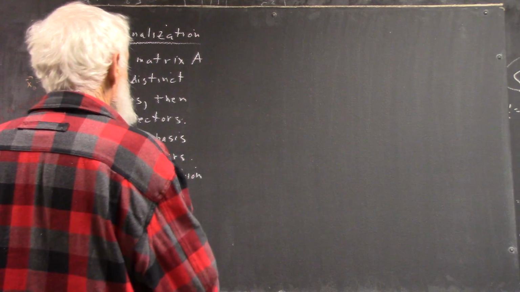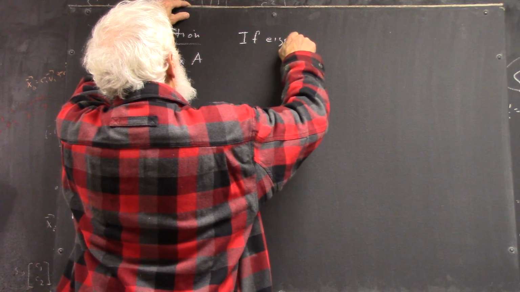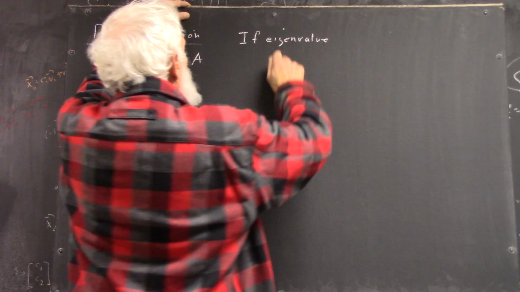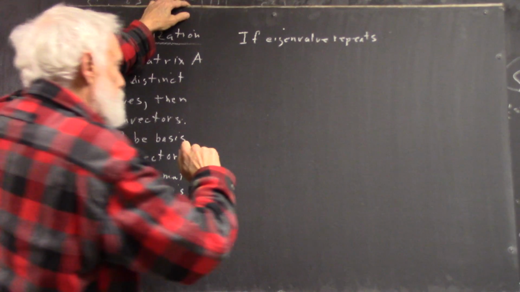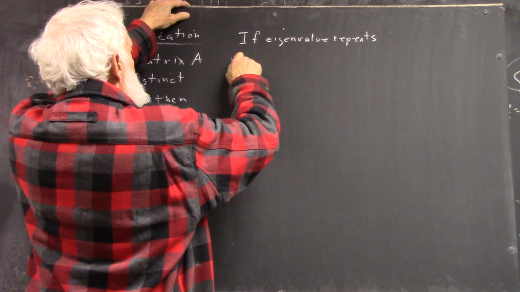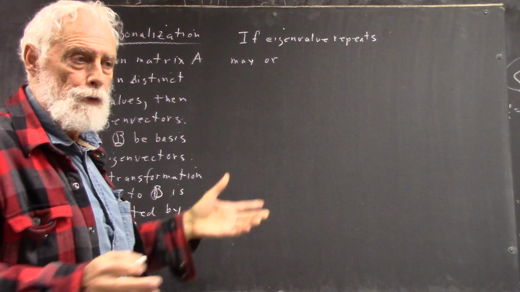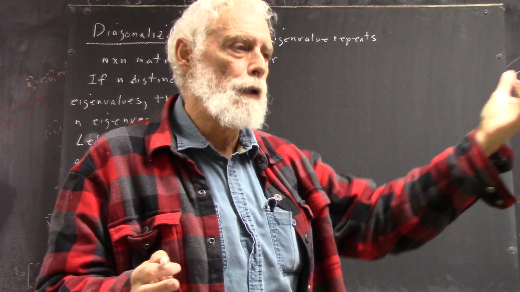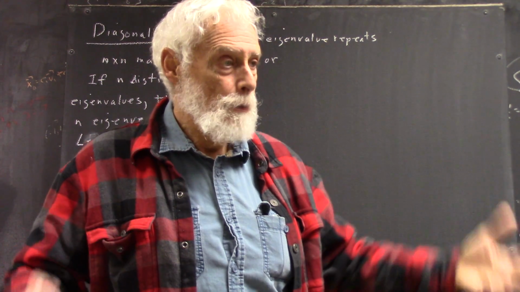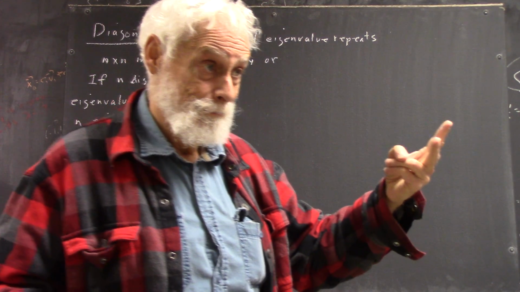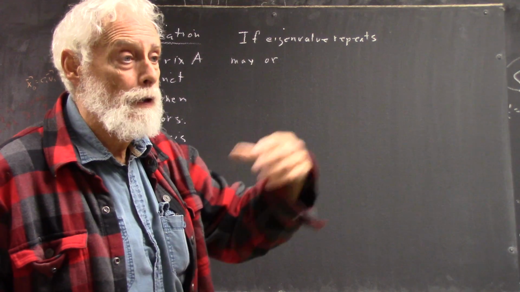So if an eigenvalue repeats in your characteristic equation, that means you've got a lambda minus 1 squared in your characteristic equation. Lambda could be 1, but it has a multiplicity of 2. That's important, because then you might or might not get two different eigenvectors.